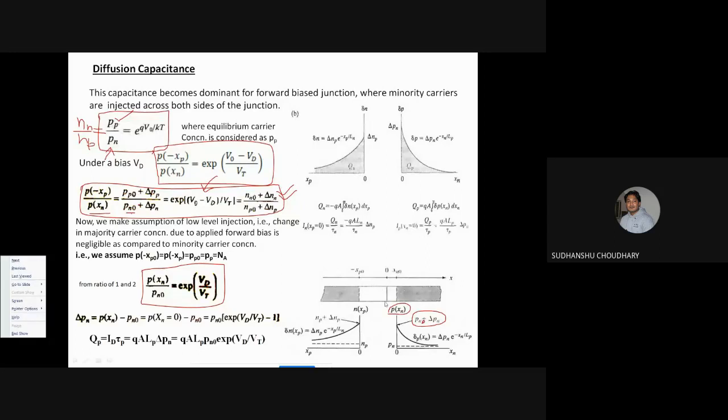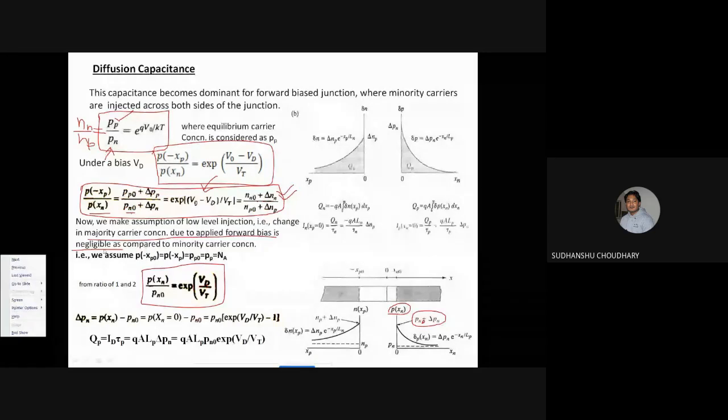When forward bias is applied across the junction, minority carrier injection obviously changes with forward bias, but let us assume that the change in majority carrier concentration due to applied forward bias is negligible.